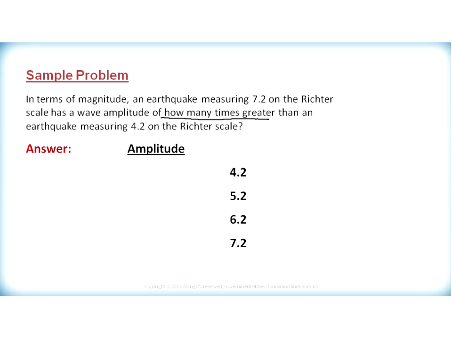Each increase in Richter wave amplitude would be 10 times greater. So if we start off with the first earthquake measuring 4.2, 5.2 would be 10 times greater, 6.2 would be another 10 times greater, and 7.2 another 10 times greater.